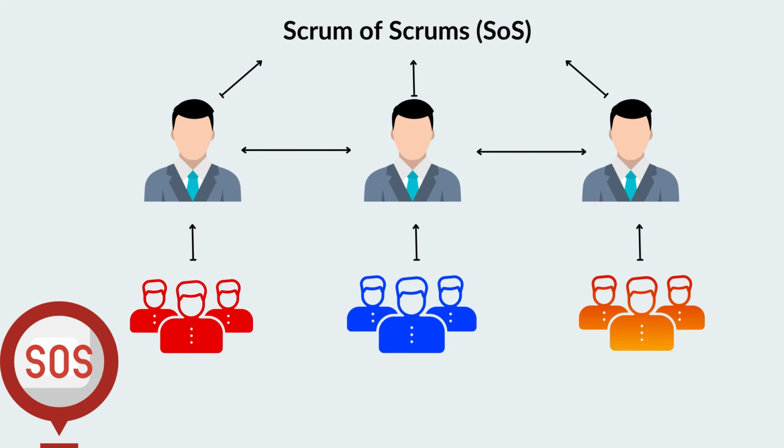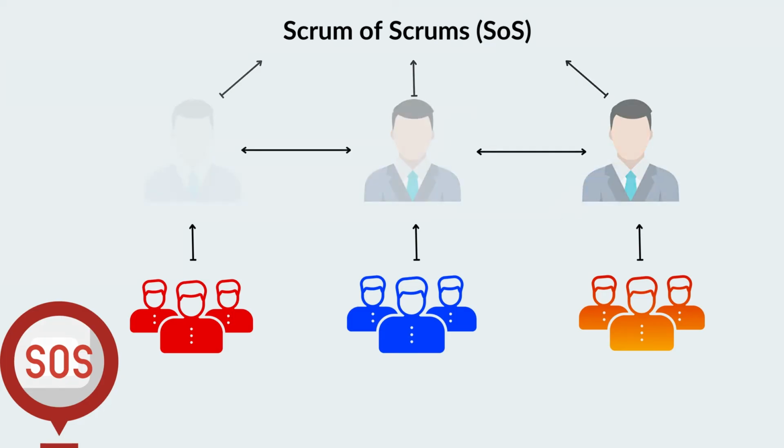The team can create a shared backlog to be discussed during these meetings, and the representative is expected to update the other team about the discussions and updates from SOS meetings. The main purpose of the meeting is to ensure coordination and visibility across all the teams and to collaborate and solve common problems. The SOS should be either planned for a very short duration or on an as-needed basis.